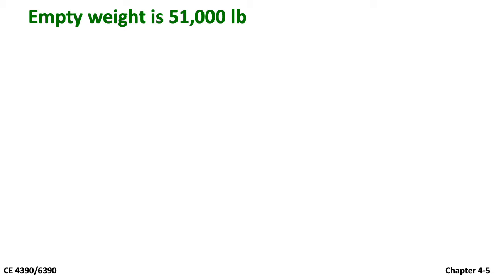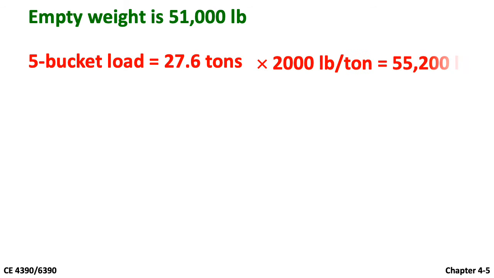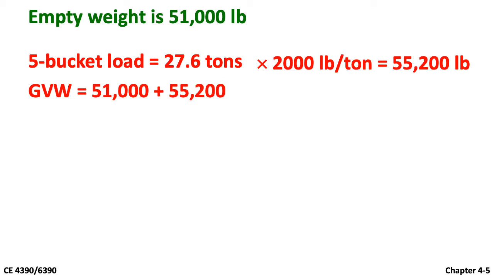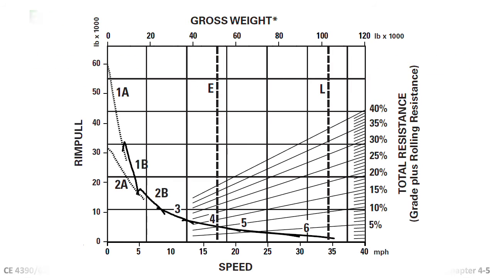If we use 5 bucket loads, you repeat the same process and get a total gross vehicle weight of 106,200 pounds. Okay, let's use the performance chart to calculate speed. With 4 bucket loads, the total weight is 100,600 pounds.